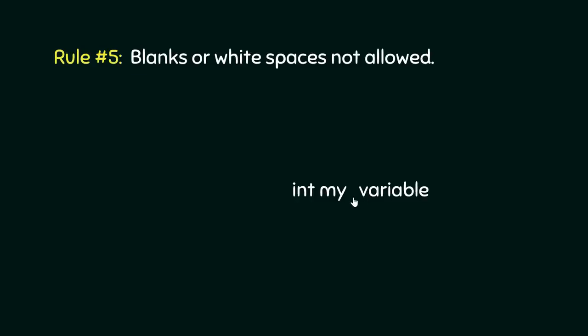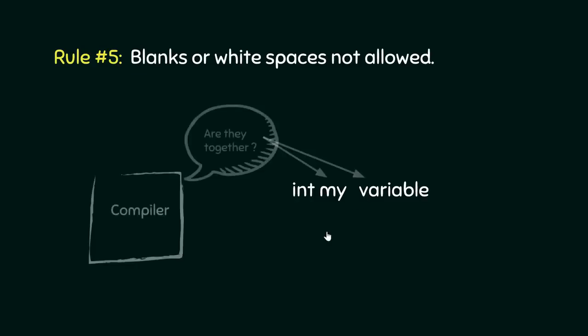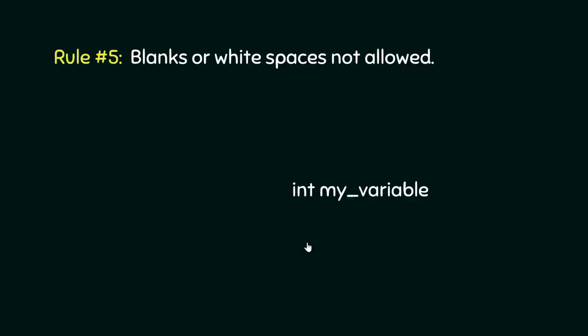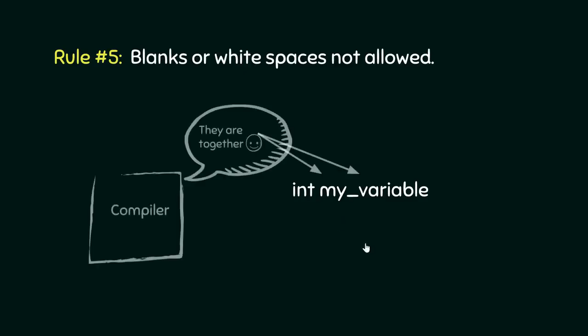The compiler won't be able to recognize it as a single variable. Instead, if you want to improve readability, you can use underscore instead of blank space. Int my_variable is now a valid variable name, as you can see over here, now I have put underscore instead of that blank space.